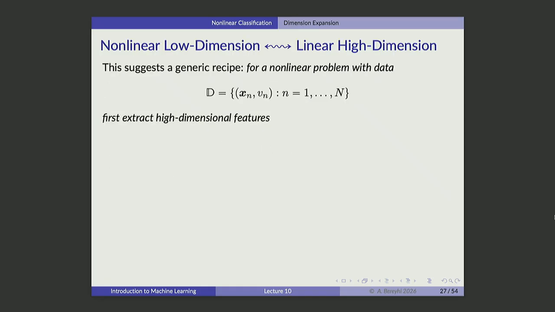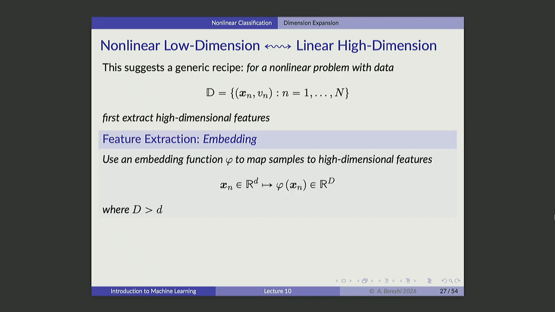Nonlinear in low dimension, it could be linear in the higher dimension. This is what we call the feature extraction or feature embedding technique. So you get your data x, and you say, okay, it's too complicated for my linear classifier to understand. So maybe I extract the features out of it, right?